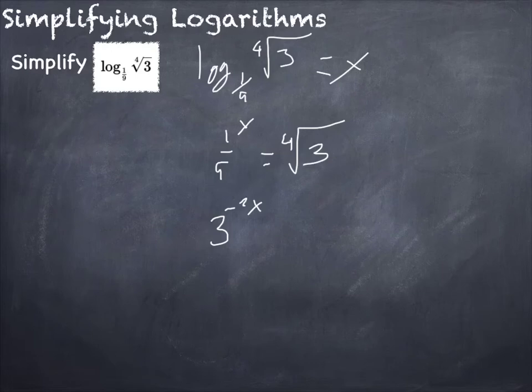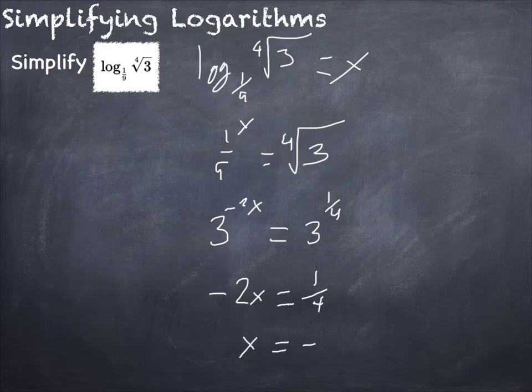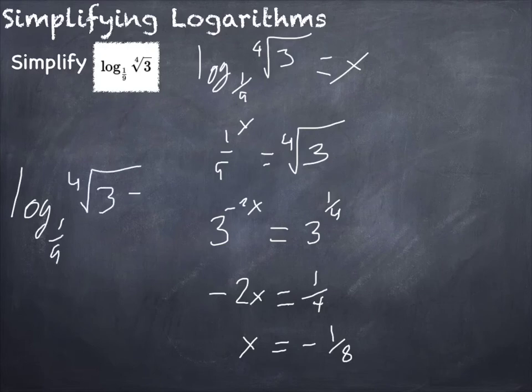The 4th root of 3 is 3 to the 1/4 power. So this is negative 2x equals 1/4. Divide both sides by negative 2. We get x equals negative 1/8. So log base 1/9 of the 4th root of 3 is negative 1/8.